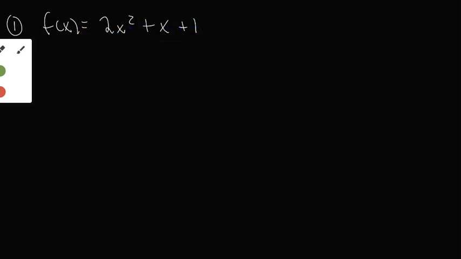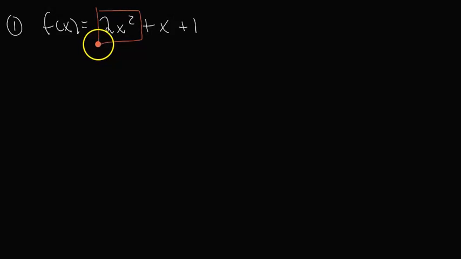Okay? So let's start with a couple of examples. Number 1, it's simply f of x equals 2x squared plus x plus 1. Notice that the x that has the greatest power in this case is this 2x squared.